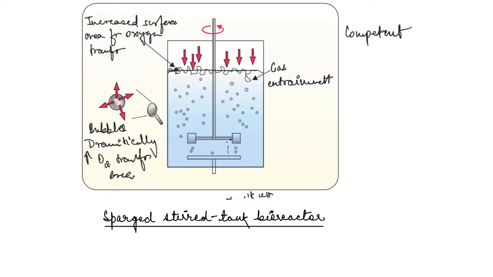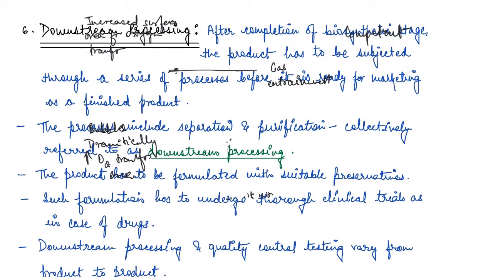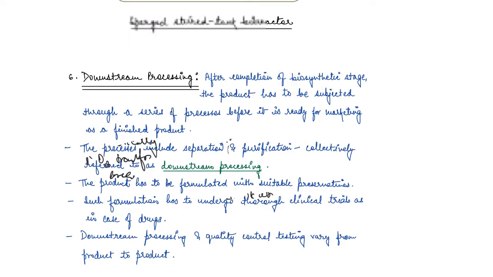Now what happens after this? What is the last step? The last step of recombinant DNA technology is downstream processing. Right?